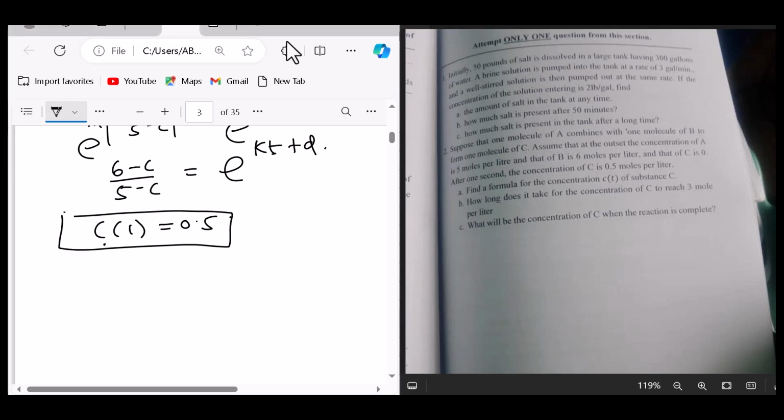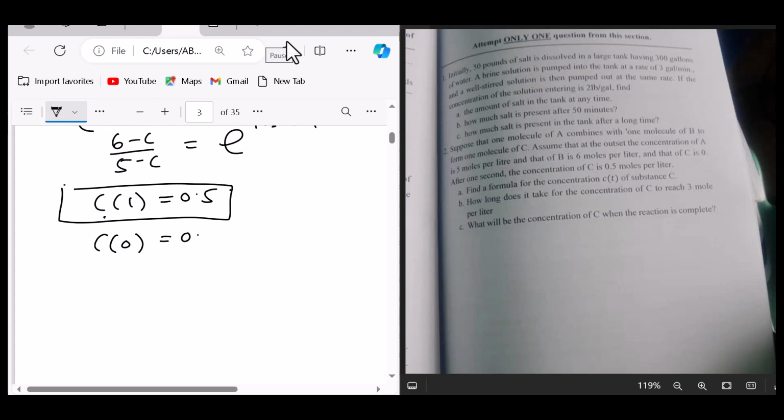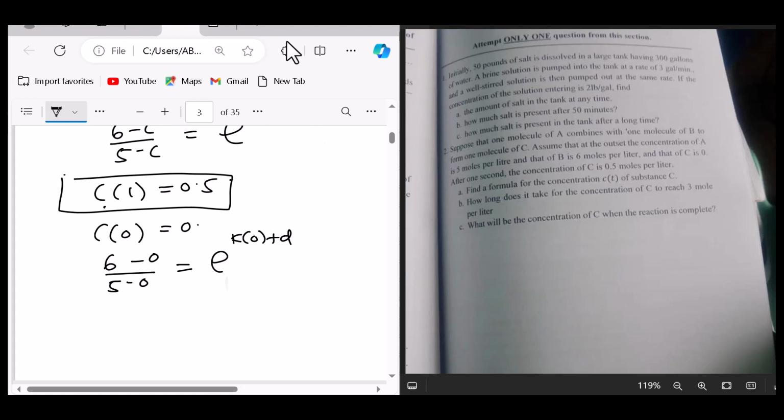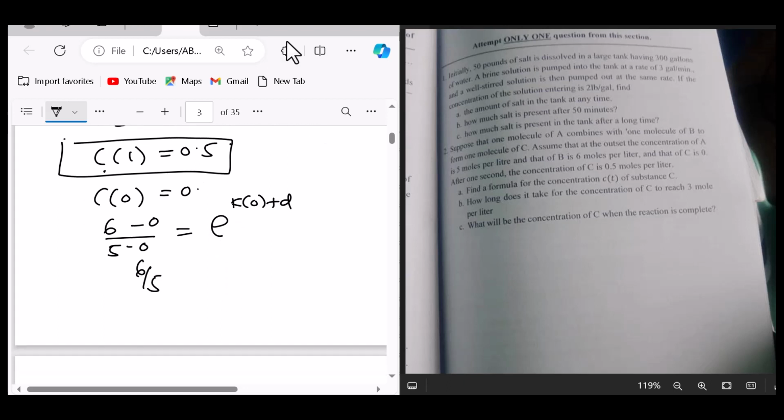C(0) equals 0. So that will be (6 minus 0) over (5 minus 0) equals e to the power k times 0 plus D.